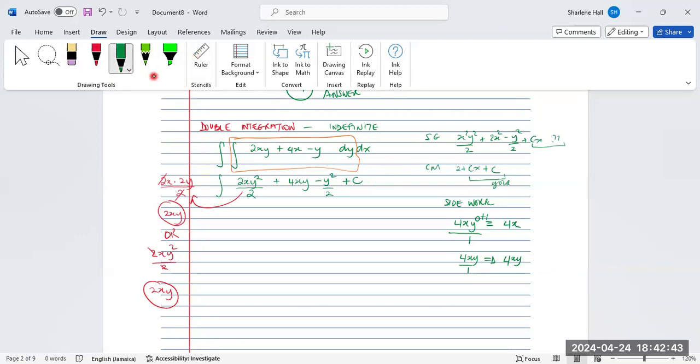No, man. You have to put a constant of integration. It's indefinite. No, we're going to integrate now with respect to x. We're now integrating with respect to x.